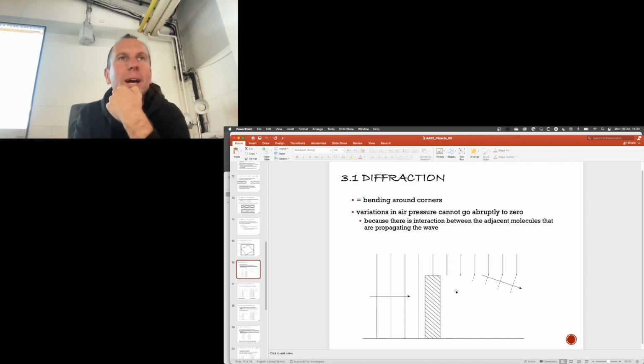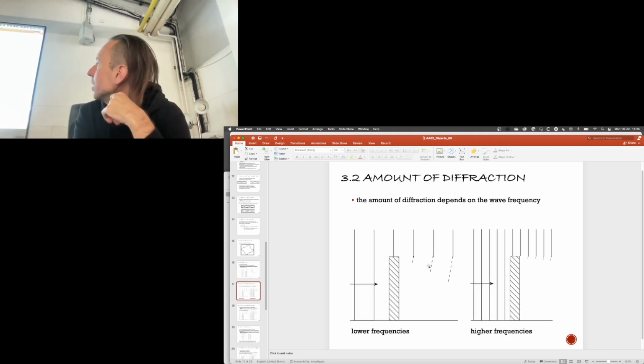So it will interact with half the size object in the exact same way. And as you might expect, if the frequency is lower, you get more bending, right? If the frequency is really low, it kind of engulfs the object. It doesn't really see the object as an obstacle, okay?